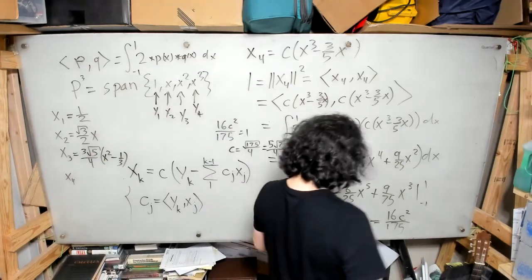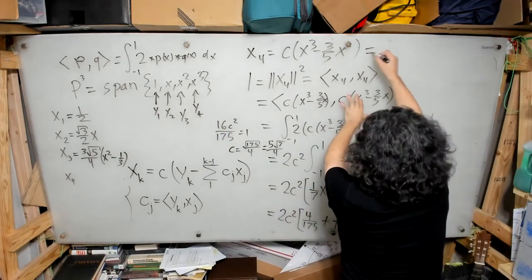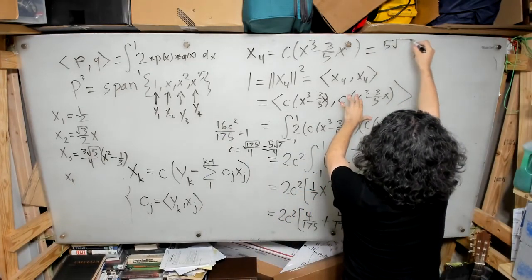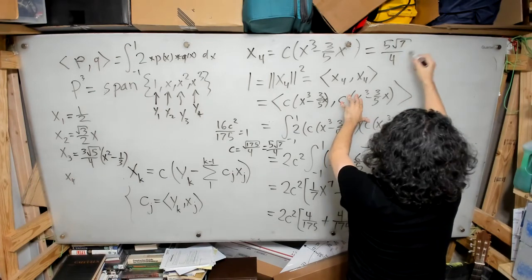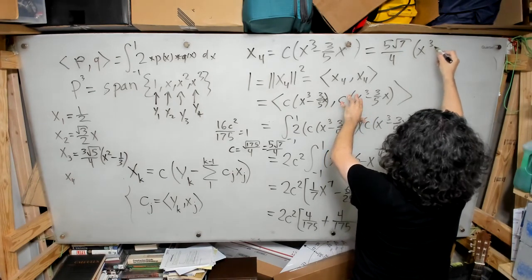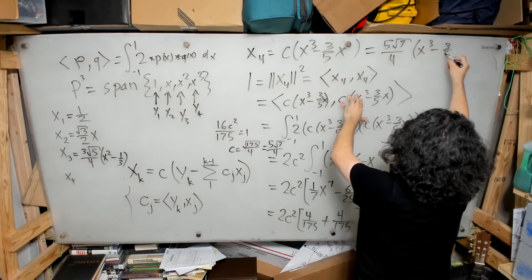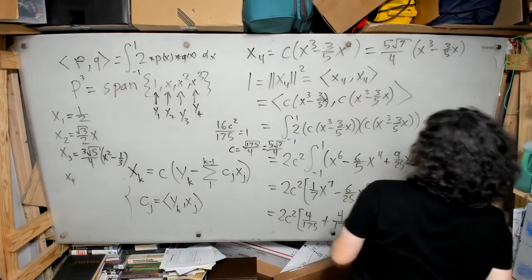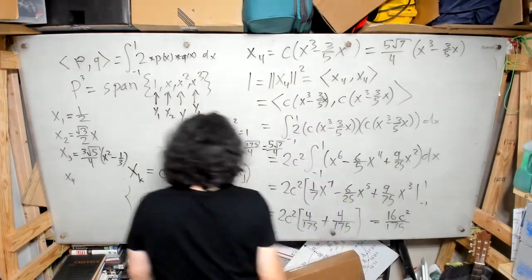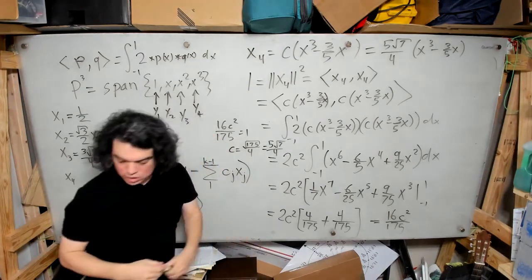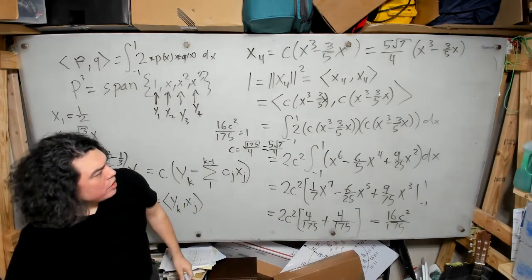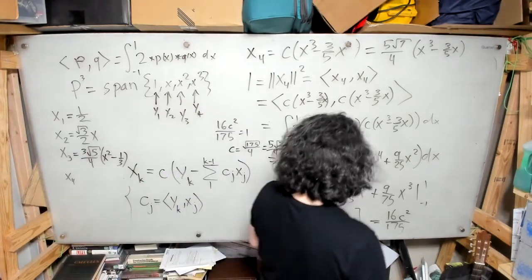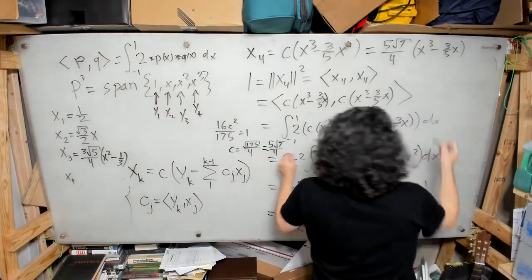By the way, I'll show you how to do that right now. Okay, so this is 5 square root of 7 over 4 times x cubed minus 3 over 5 x, like this. Let me show you how I did that square root over here. Okay, what is the square root of 175?